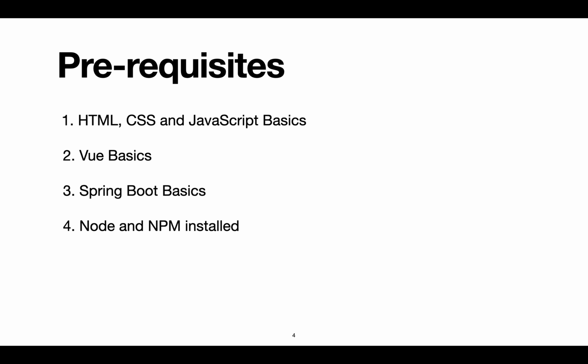Make sure that you have the basics of Vue JS and Spring Boot, and make sure that you have installed Node.js and npm, because we are going to use Node and npm to create a Vue application at the front end. Now without further ado, let's jump into IntelliJ IDEA, first create a Spring Boot application and expose a simple REST API, and then later on we'll create a Vue JS application to consume the REST API.